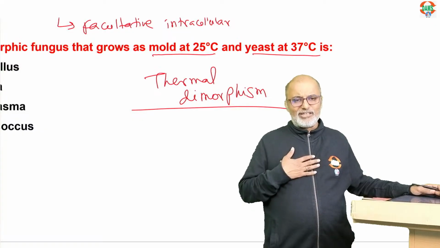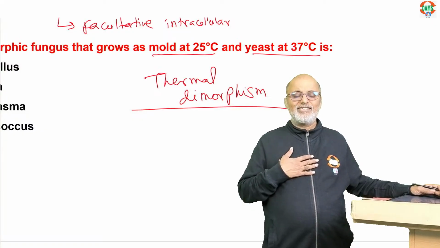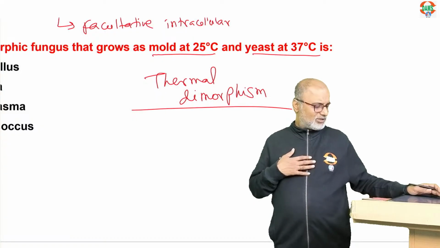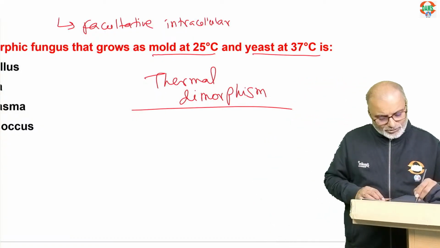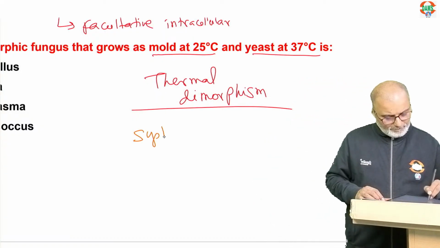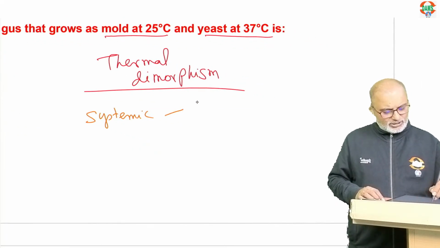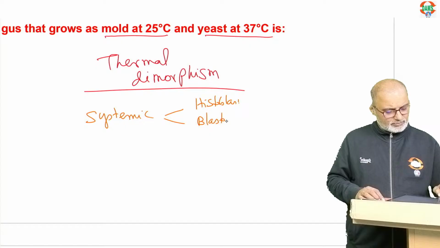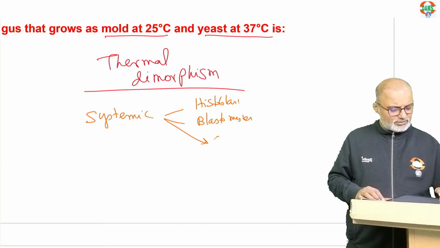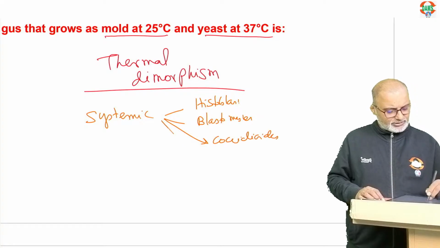You know my mnemonic, STS. S for systemic mycosis, which includes Histoplasma, Blastomyces, Paracoccidioides, and Coccidioides.